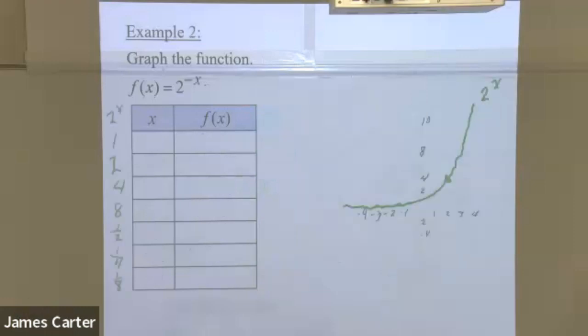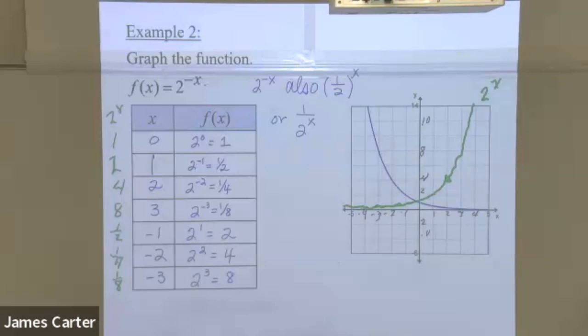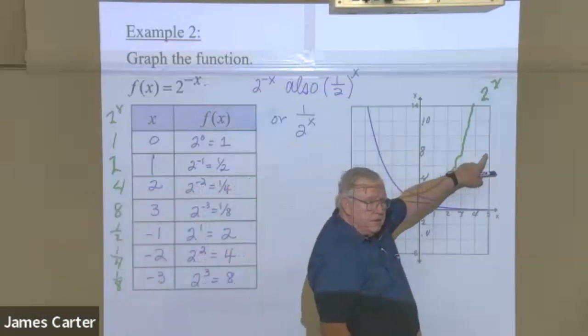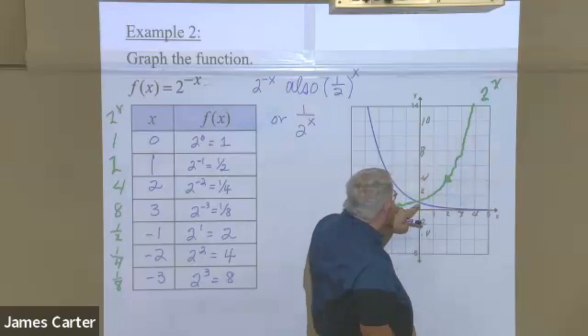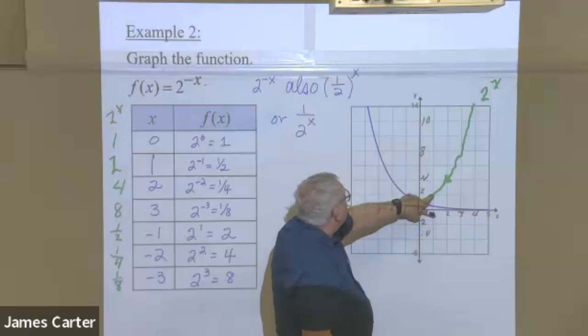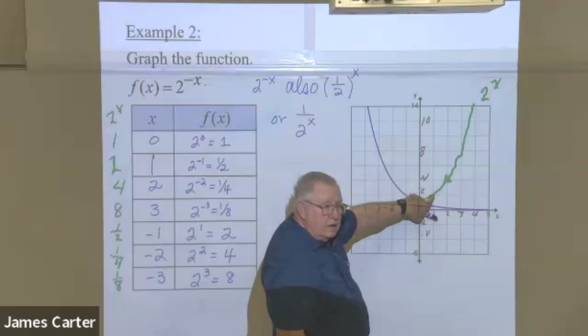Now, let's continue. 2 to the negative x. Uh-oh. Well, here's the graph of 2 to the x. Let me pull this up until I get the graph paper. There we go. Here's the graph of 2 to the x. If x is 0, then y is 1.